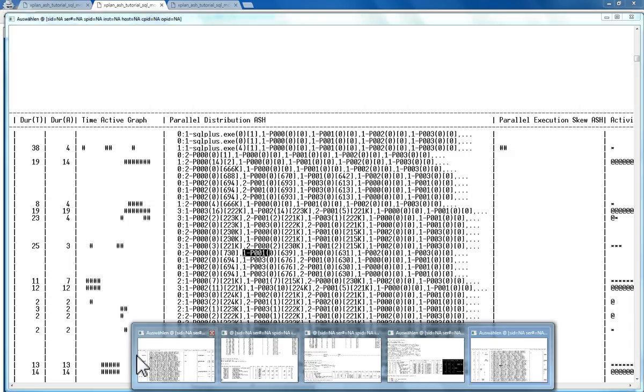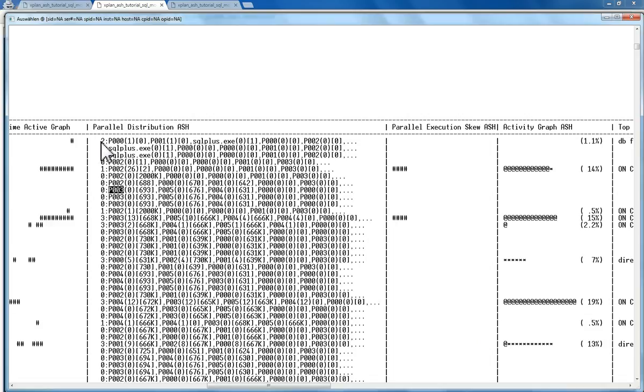Another thing that I haven't explained yet is this leading number here, which is a prefix to the total line. It's just information on how many different processes were actually found to be active in active session history for this execution plan line.